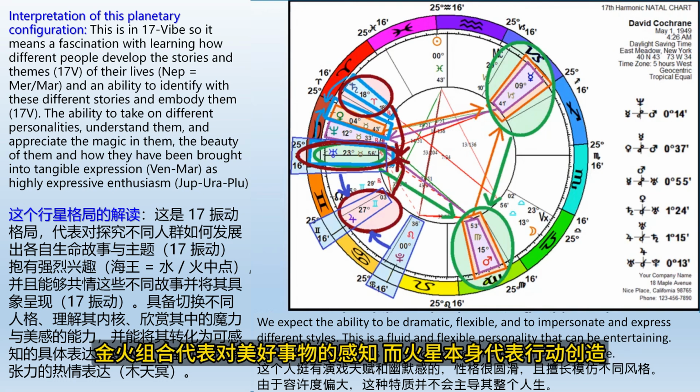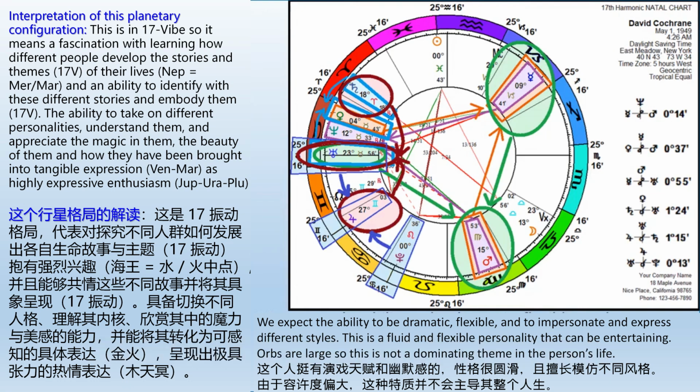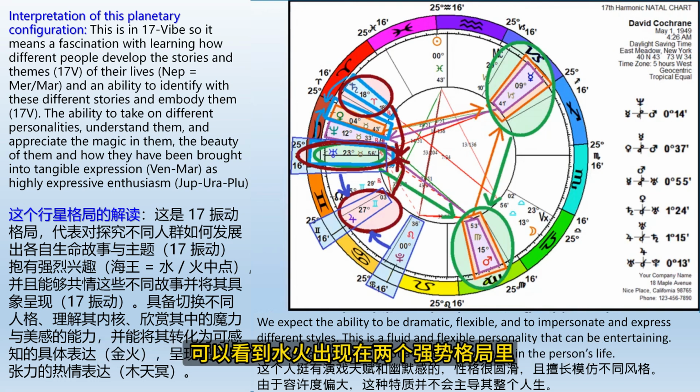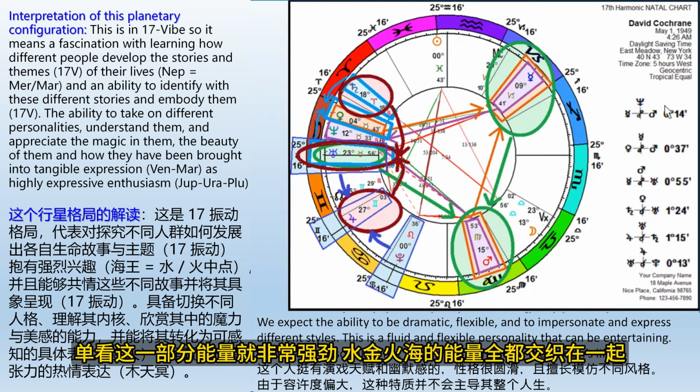Venus, Mars means something's beautiful, and again, Mars is about doing, making, applying it, experiencing it. Venus, Mars is very visceral, very alive. So we're getting Mercury, Mars in two of the strong configurations, Neptune at Mercury, Mars, Mercury at Venus, Mars. Just this part of it, which is very strong, Mercury, Venus, Mars, Neptune, all brought together.